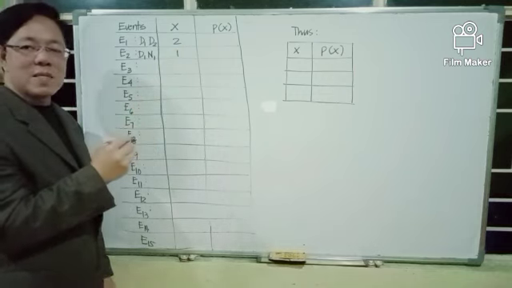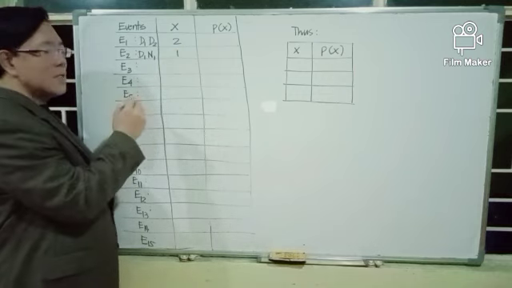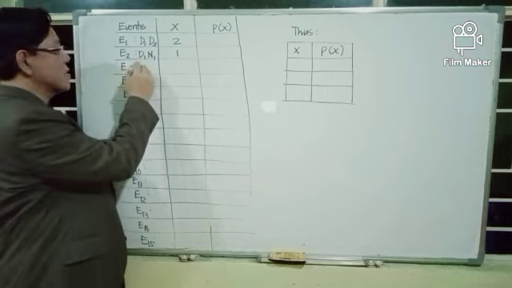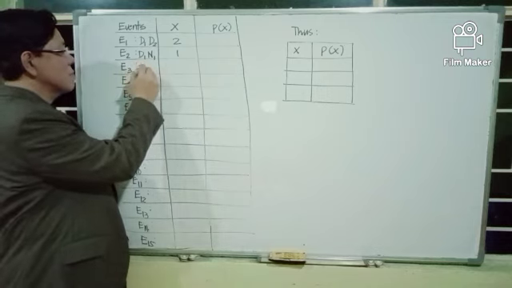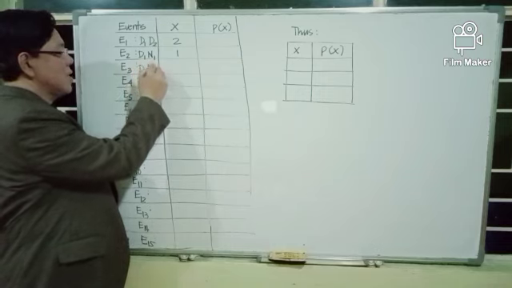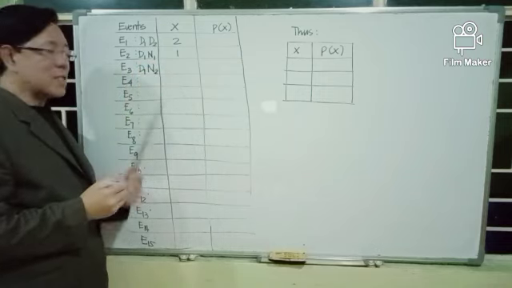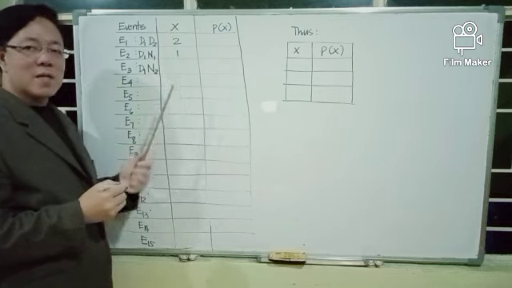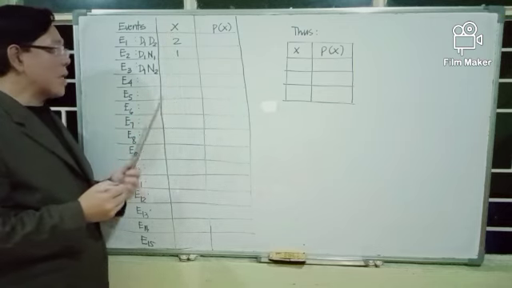Another possibility is the customer selected the first defective item, D1, and the second non-defective item, N2. For this event, the number of defective appliances is 1.